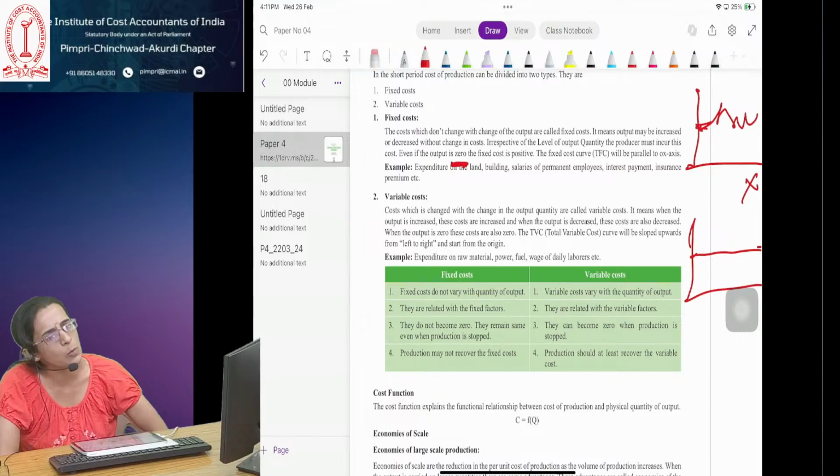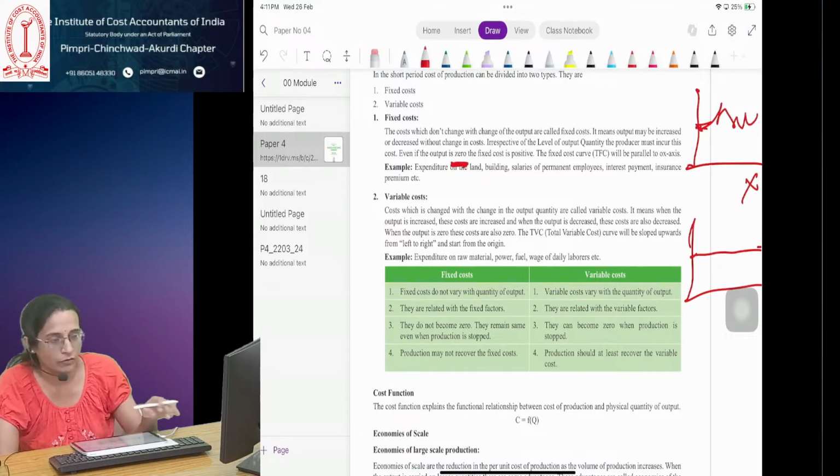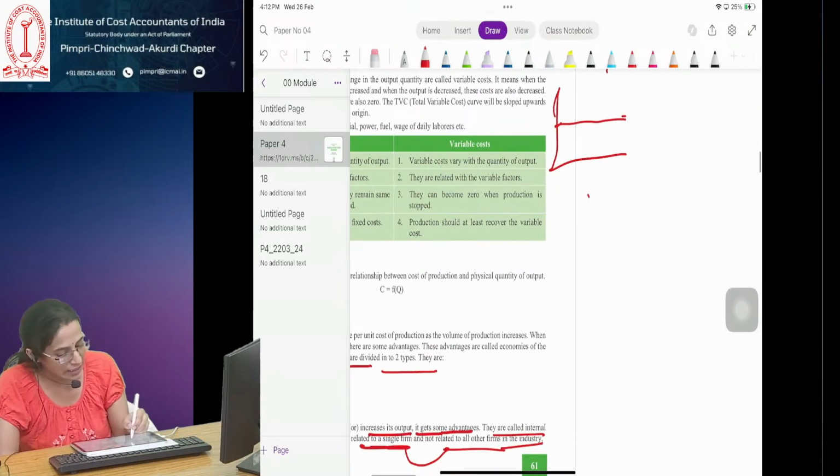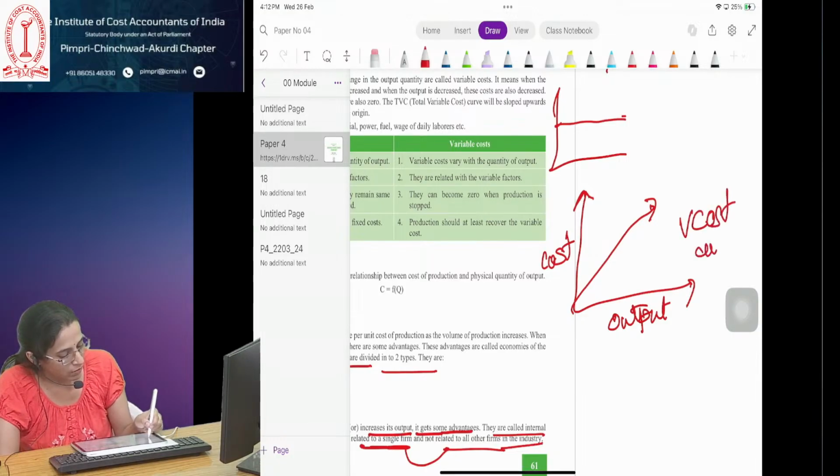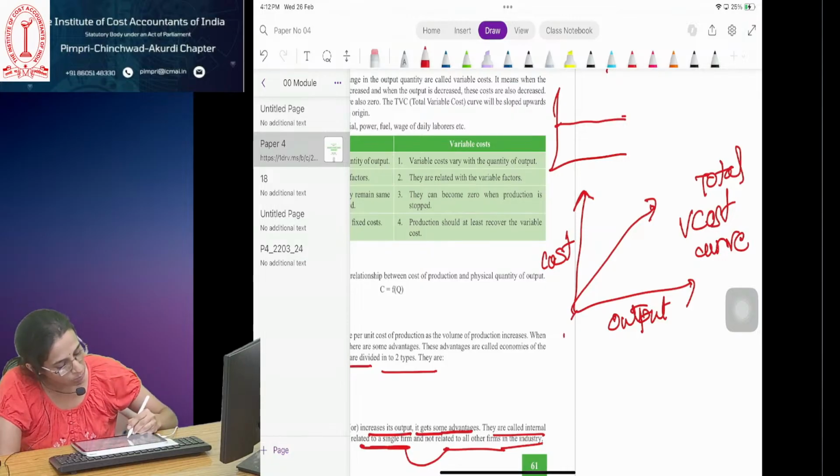Why will it slope upward? See, the fixed cost curve is fixed because it is constant, it is not changing. Why are they saying the variable cost curve slopes upward from left to right? If this is the output, and this is the cost, they are saying the total variable cost curve is sloping upwards, like this.